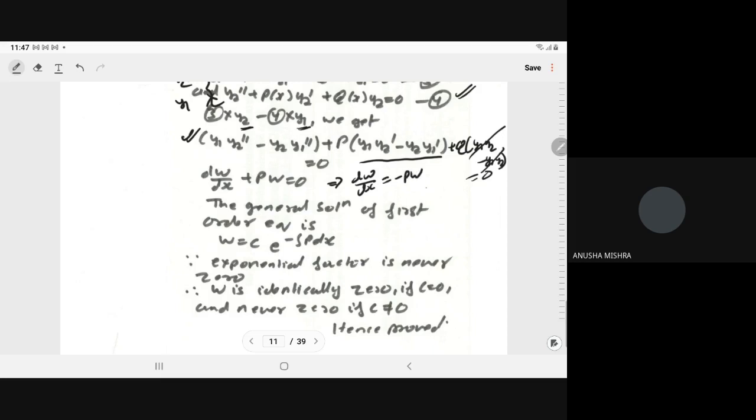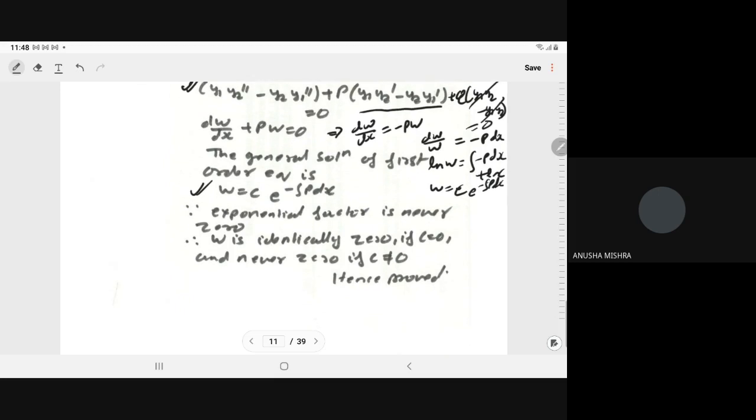Separate the variables: dW by W is equal to minus p dx. Integrate on both sides. So ln W is equal to the integral of minus p dx plus ln C. So W is equal to C e to the power minus integral p dx.